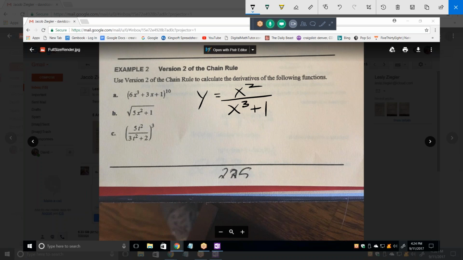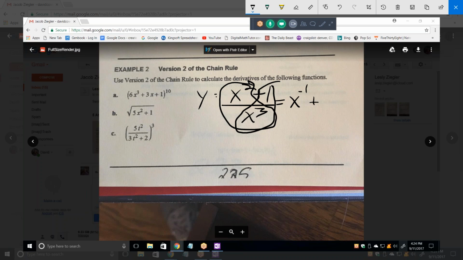It'd be one thing if I had everything over x squared, then I could separate it into 2 fractions and use the power rule only. In other words, if I had the reverse of this, let's assume, I'm just going to mix it up here for a second. If I had that, okay, notice that I can turn that into that fraction, which is x to the minus 1, plus this fraction, which is x to the minus 3.